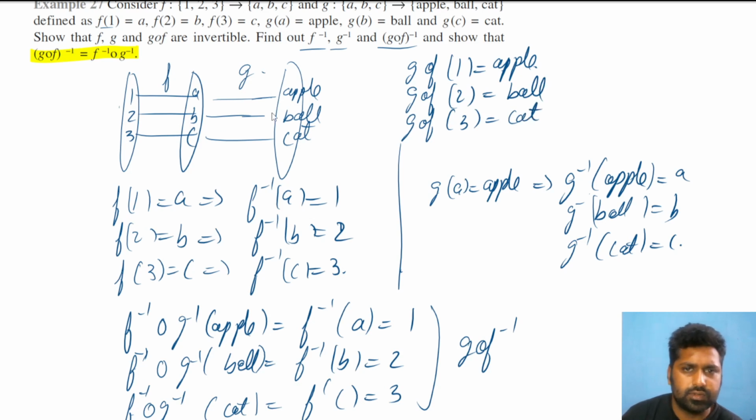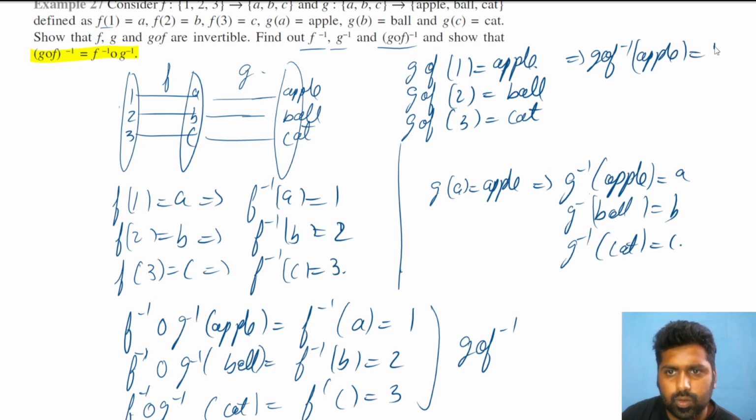From this we can interpret, and you can clearly see if I generate (g∘f) inverse: (g∘f) inverse of apple is 1, of ball is 2, of cat is 3.